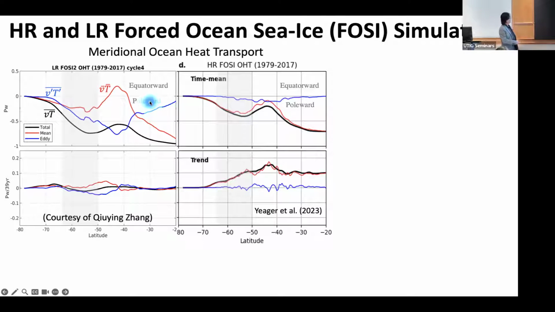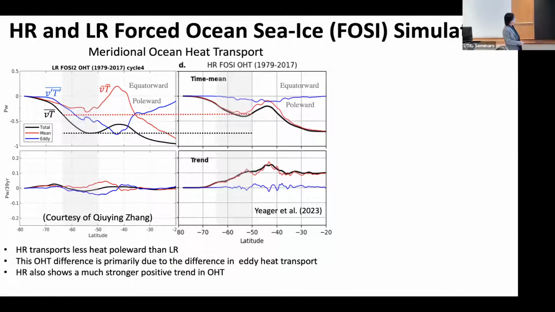So one of the interesting results you see is that the high resolution model and the low resolution model give us a different meridional heat transport. In the low resolution model, we actually see more heat transport towards the South Pole, right? The positive is equatorwards, and the negative is poleward.